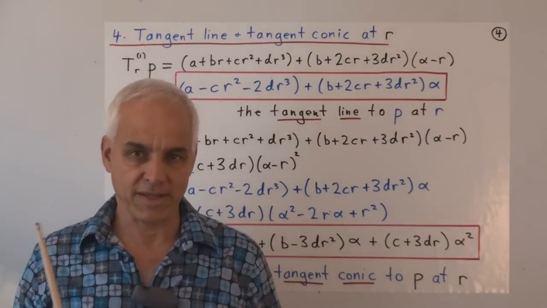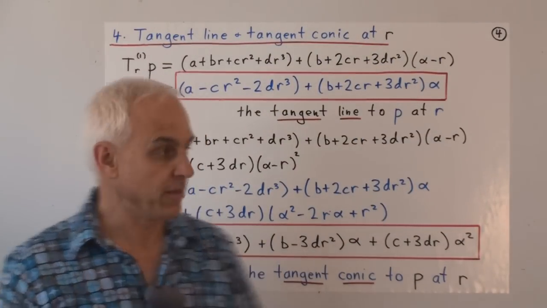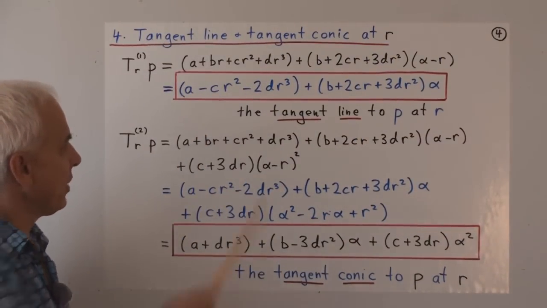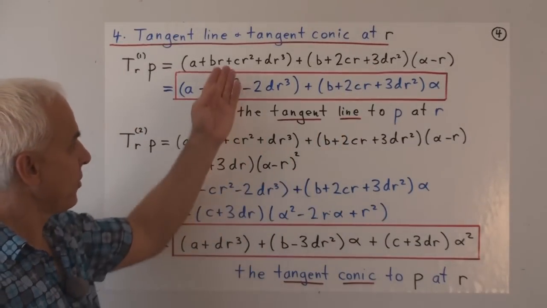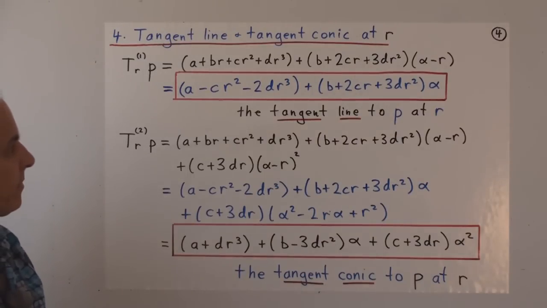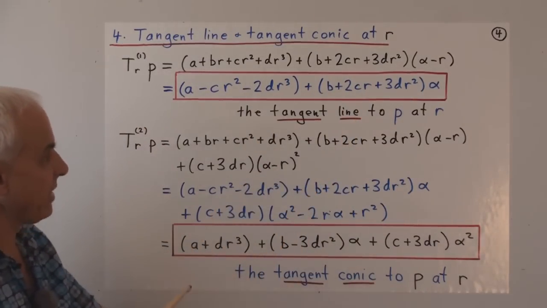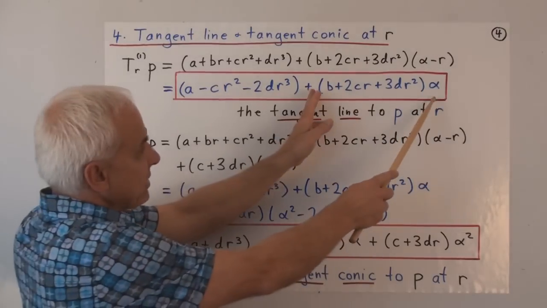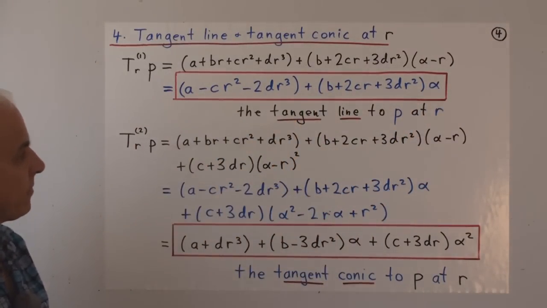So let's have a look at what the tangent line and the tangent conic simplify to when we look at them carefully. So here are the first two terms in the Taylor expansion, the degree 1 part of it. What we want to do now is rewrite it. In other words, we want to expand it out and separate it into the things involving alpha and the things not involving alpha.